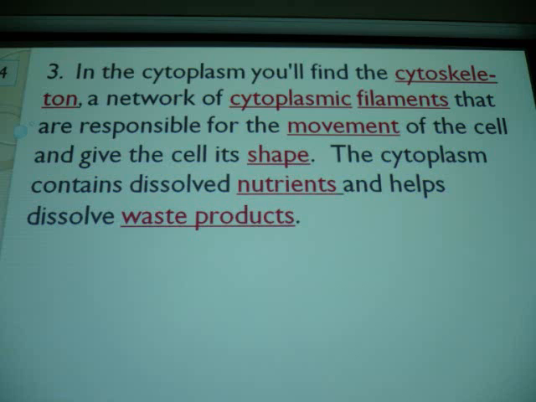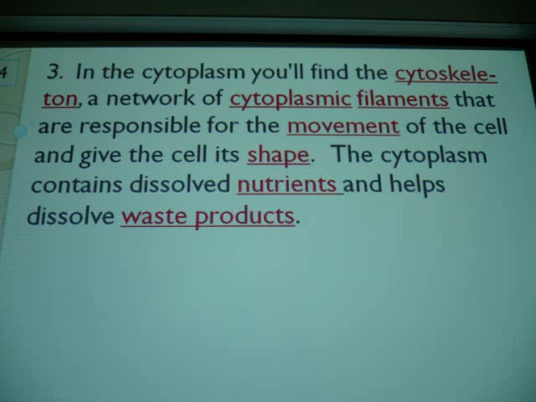It's all because of skeleton. So in this case, the cytoskeleton is similar in function for a cell as your bones are for you. That's why it's called cytoskeleton. There's no bone in it. It's made of protein.